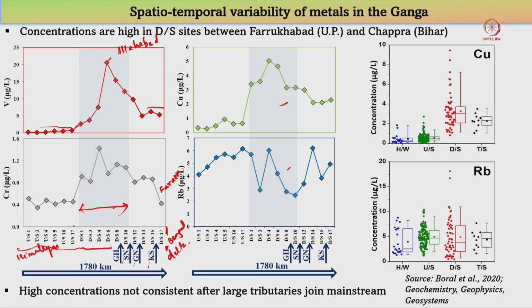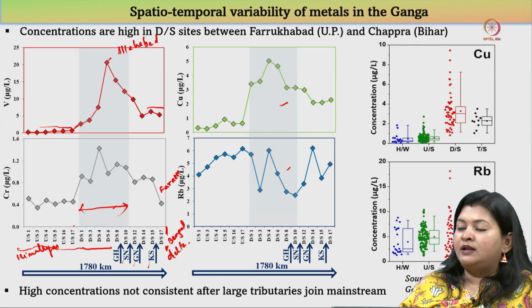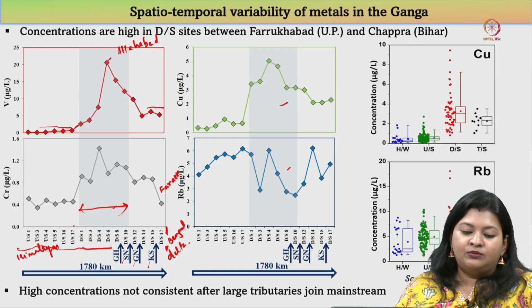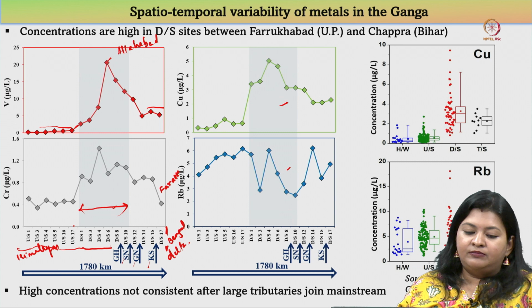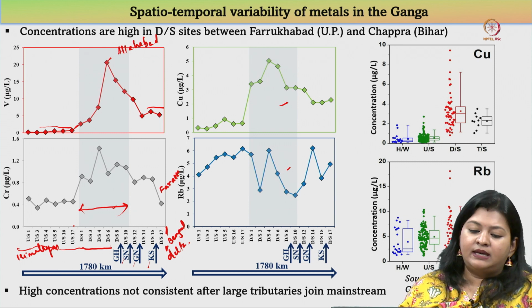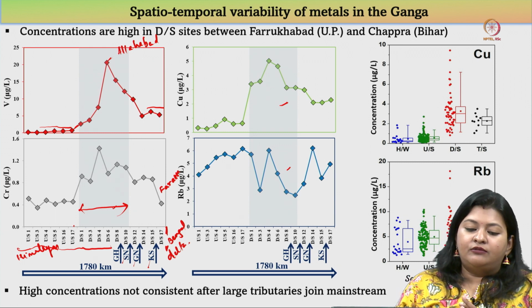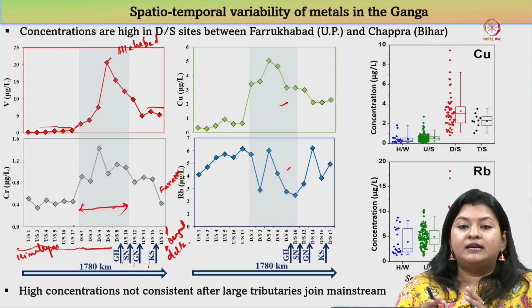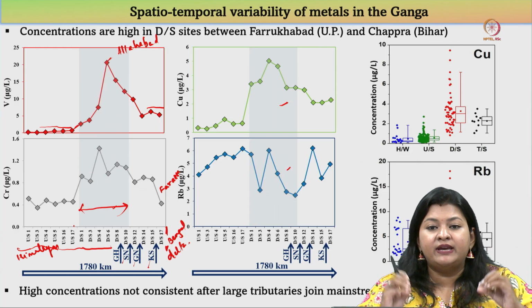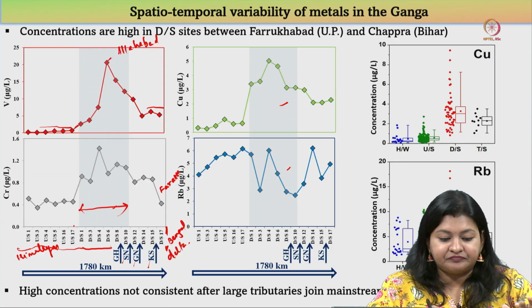There are big anthropogenic hotspot areas like the cities, Patna being one, Allahabad being one, Varanasi being one, Kanpur itself being one. So, a lot of cities are there in this particular region, and of course, therefore, a lot of industries are also there. So, a lot of waste is getting dumped in the river.